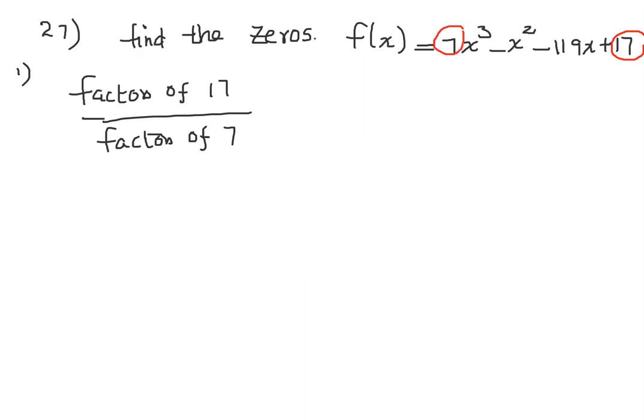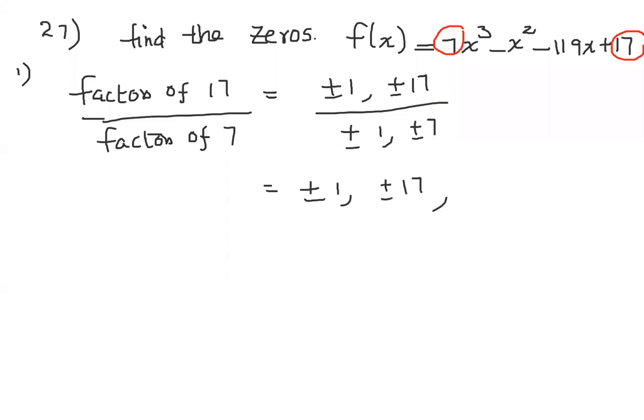Both are prime numbers, so you get only the 1 and the number itself. So the final list is 1 over 7 and 17 over 7. This is the answer for part 1.